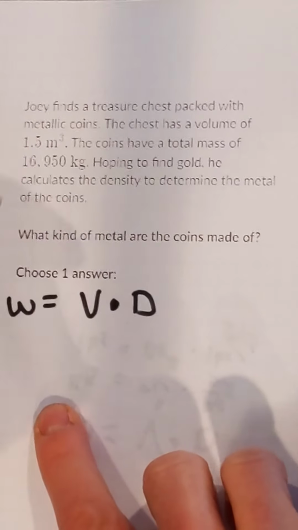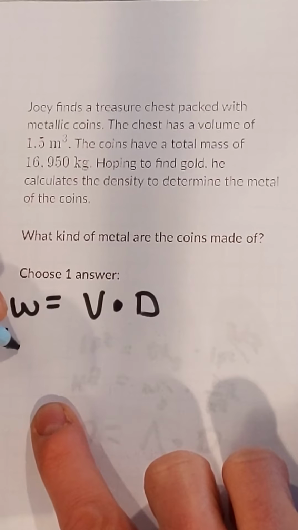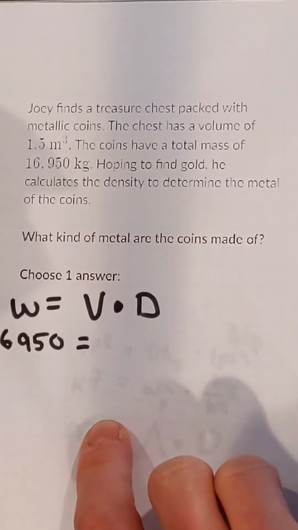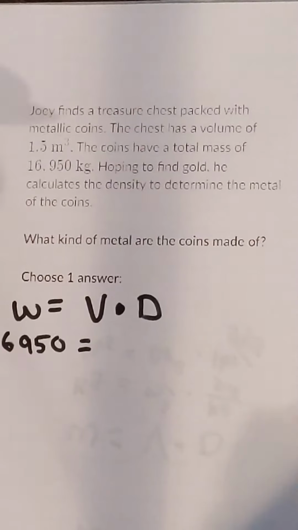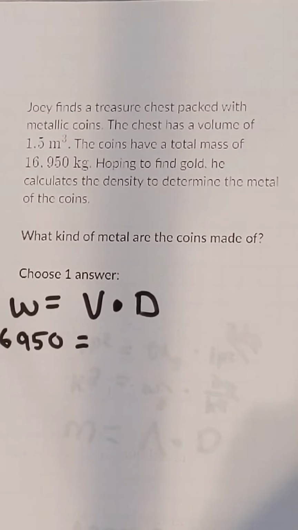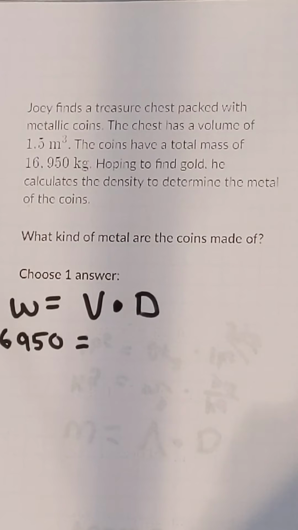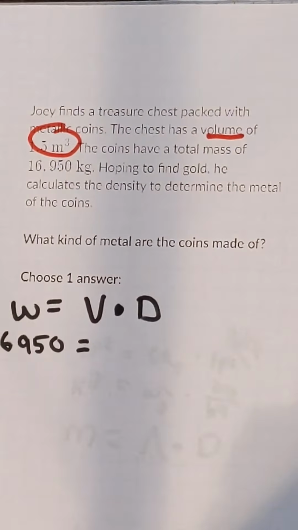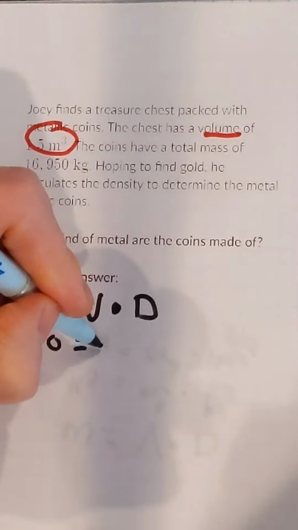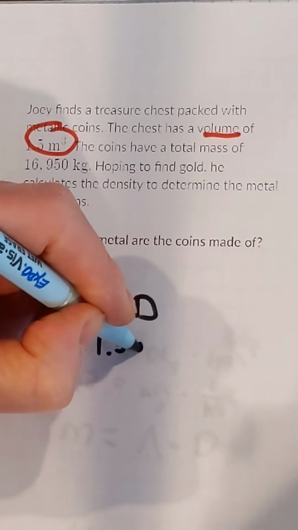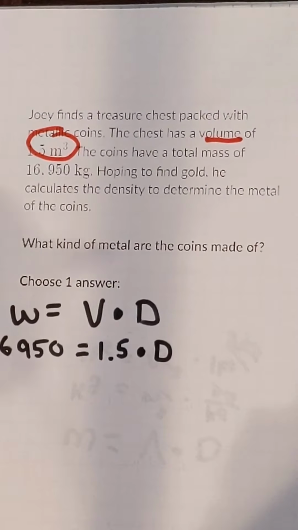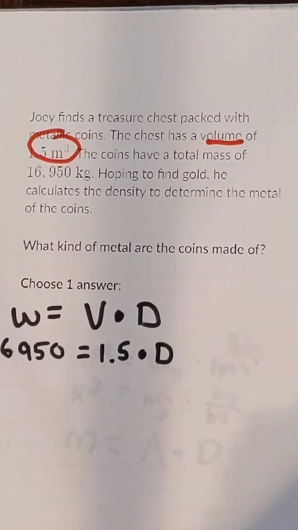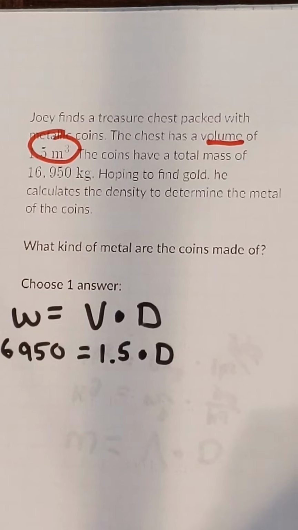My weight is 16,950 kilograms equals, then the chest has a volume of 1.5, times my density. Well, I don't know the density. That's what I'm looking for, because certain metals have different densities.